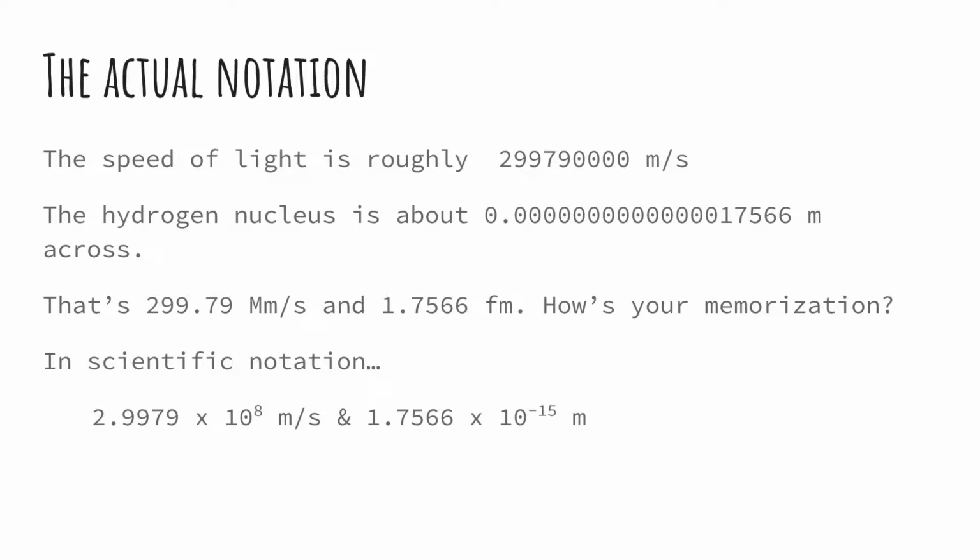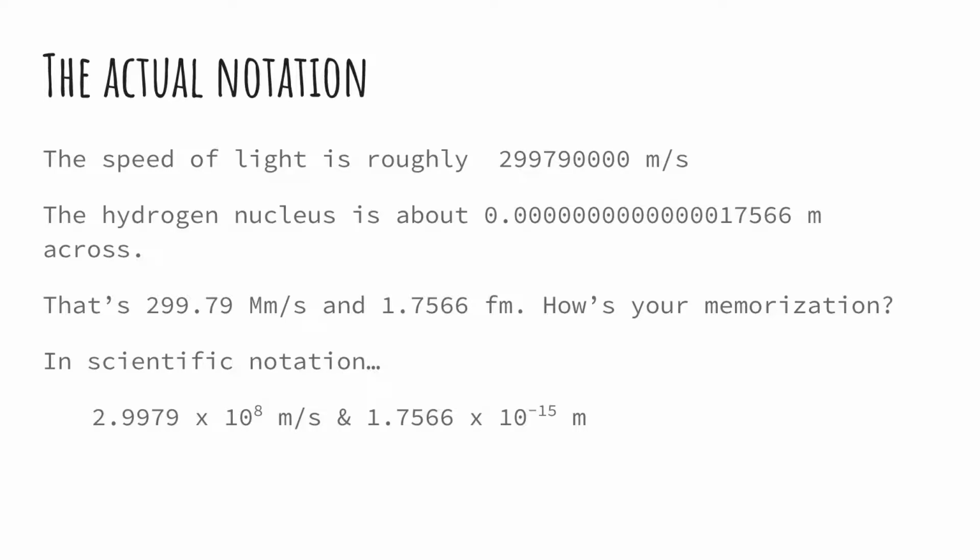So the fact that the speed of light is a big number is right there in the positive 8 as the exponent on the 10. Whereas 1.7566 is a really tiny little decimal. That's the fact that we have the negative exponent on the 10.